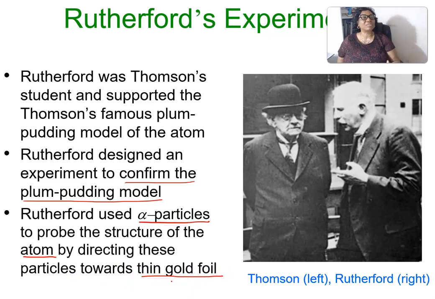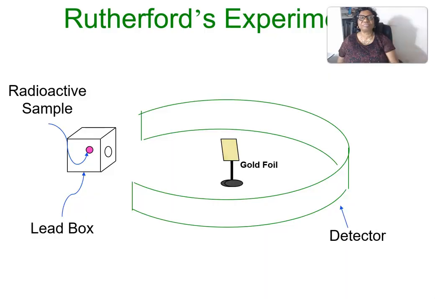And when they were conducting this experiment, they knew that all the alpha particles were going to go through, because they believed that the positive charge in the atom was so dispersed that it could not stop the alpha particles from passing through. So this is the experiment.